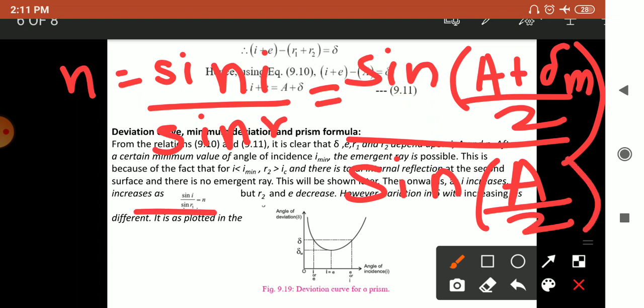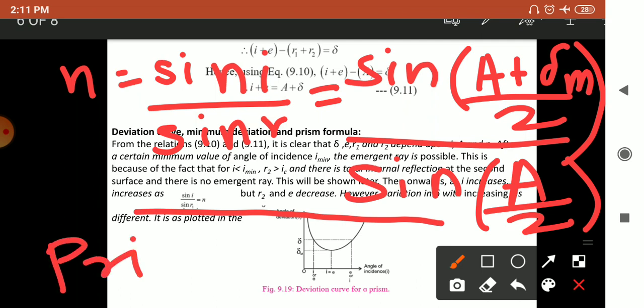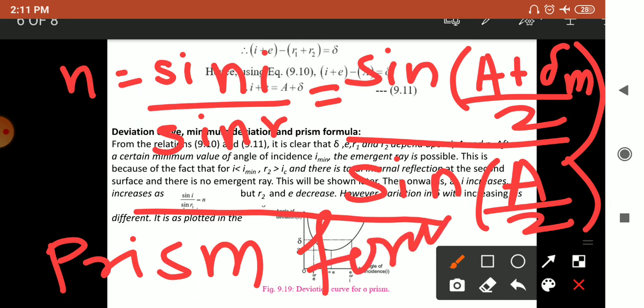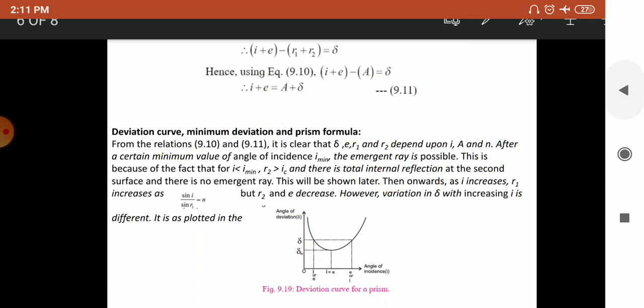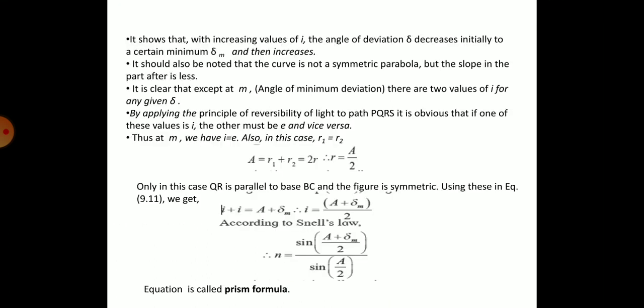So this equation is known as the prism formula. This is what? Prism formula, where refractive index is equal to sin of A plus delta m upon 2 upon sin A by 2. So this is about the prism formula.